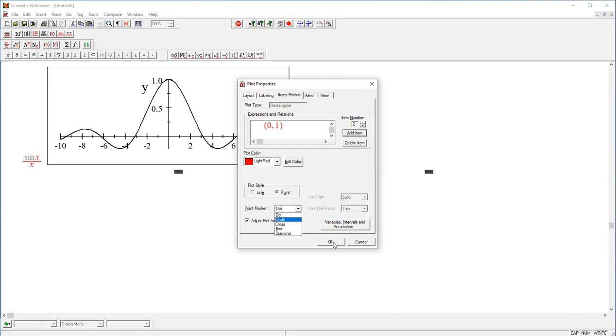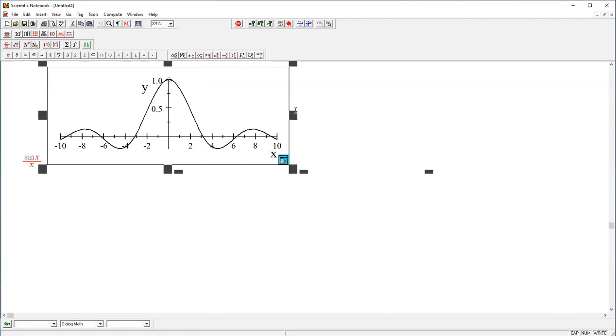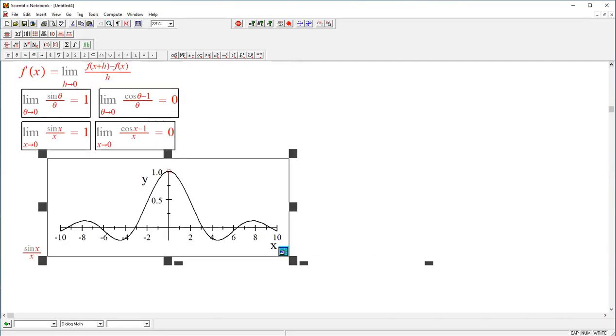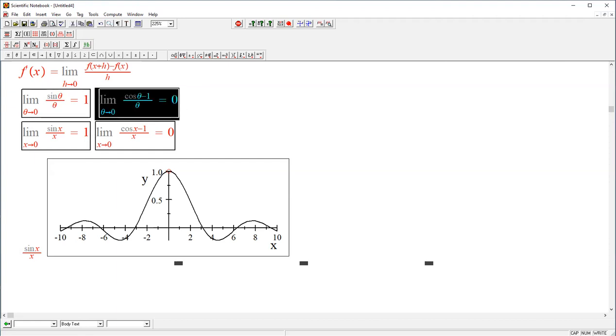The software doesn't show us a circle. So this function, as you can see, as theta approaches 0 or x approaches 0, I'm going to put these on the side.